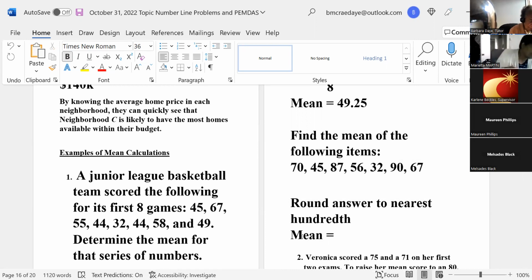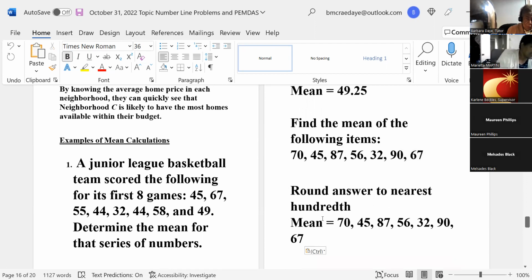I add all of them together and I get 445. So you added them together. Let me just put them here.